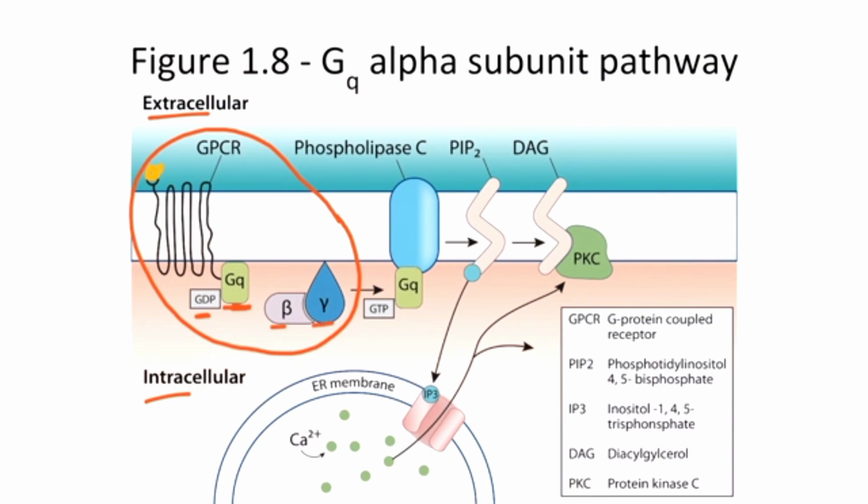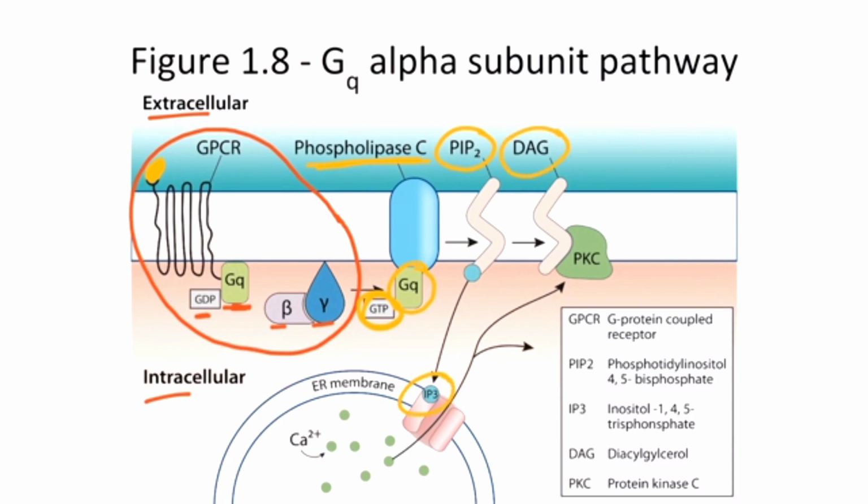When a ligand binds, the receptor undergoes a conformational change, which causes the GQ alpha subunit to exchange GDP for GTP. The GQ alpha subunit then dissociates from the receptor and the other subunits in order to bind phospholipase C. Phospholipase C is an enzyme that cleaves PIP2 into IP3 and DAG.